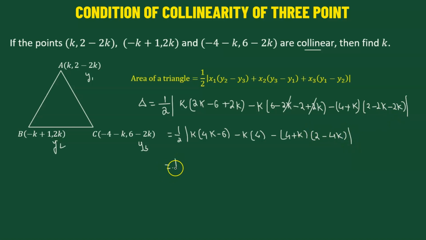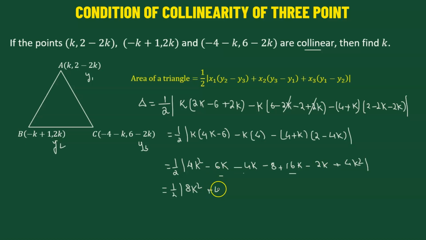Further simplification gives us half multiplied by 4k squared minus 6k minus 4k minus 4 multiplied by 2 minus 4k, so that's 8 minus 16k minus 2k plus 4k squared. Now we have half multiplied by 8k squared, then negative 16k plus 16k... we get positive 10k, 10k minus 2k is 8k, 8k minus 4k is positive 4k, then we have negative 8.